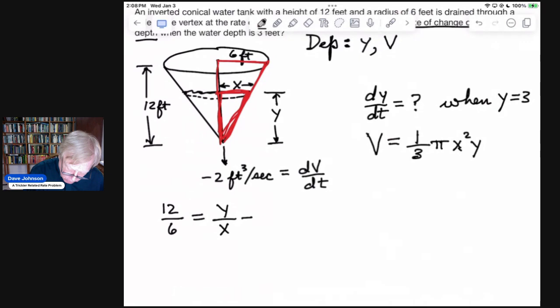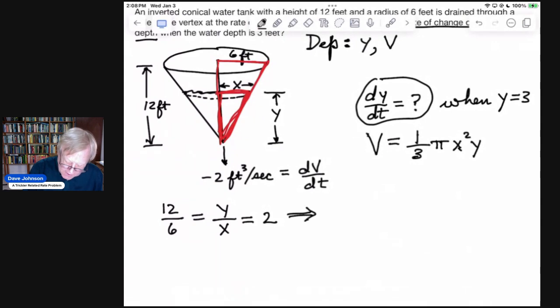And that's going to equal, so 12 over 6 is 2. Now, it's going to turn out that we really want to get rid of the x because we're looking for dy/dt. So let's go ahead and solve this equation for x. So x is equal to y divided by 2.